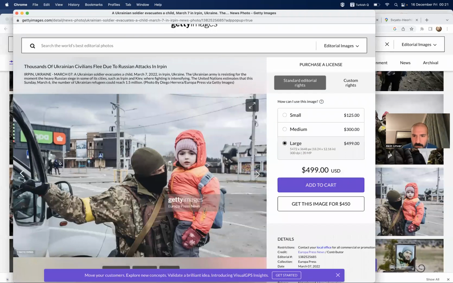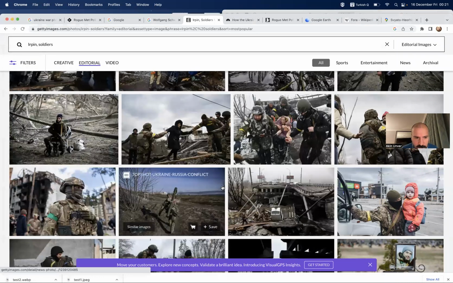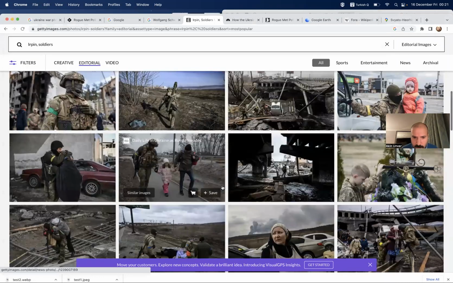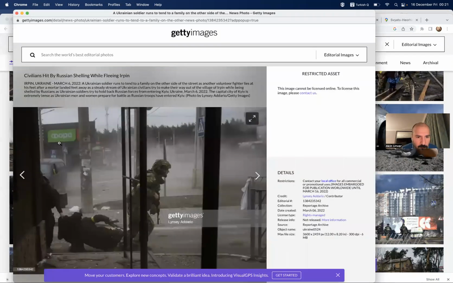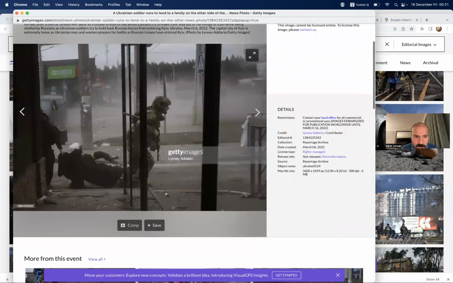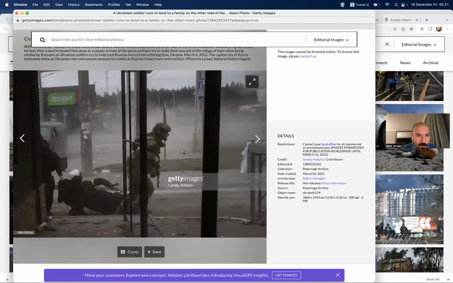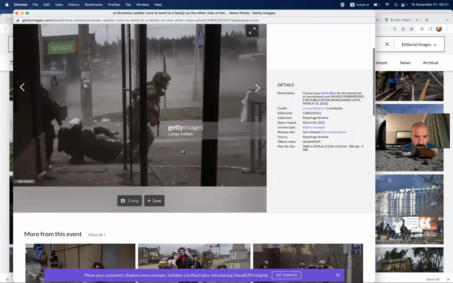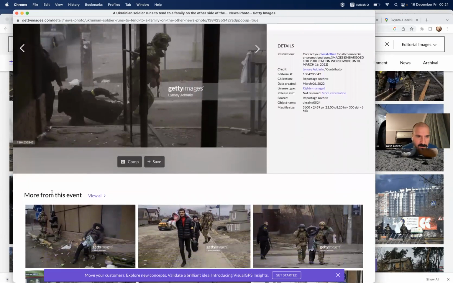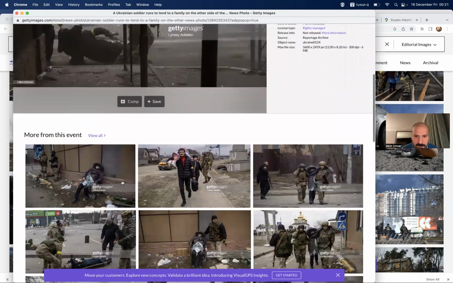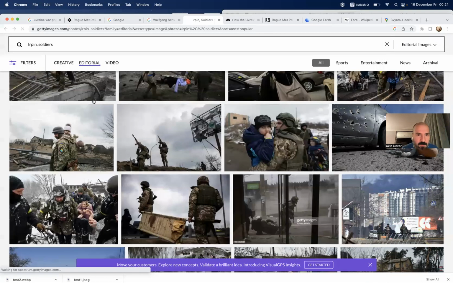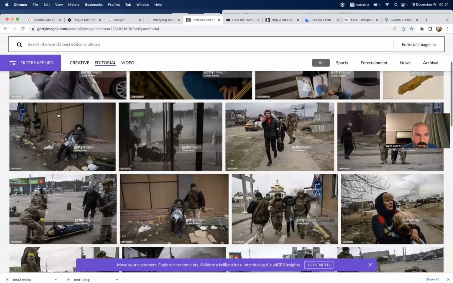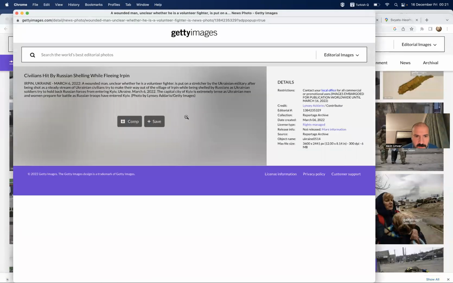The same fora that we're looking for is here. Let's see if we have any other fora images. We already found one. Okay, this is the second one. Fora, the same place. This is an action shot. Now what I'm going to do is scroll down and see more from this event. So apparently there are more photos from this event. So I have fora, as you can see again.